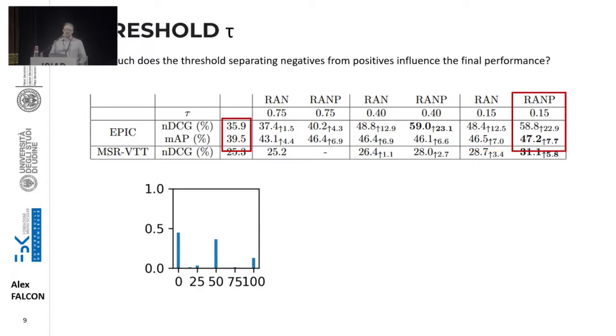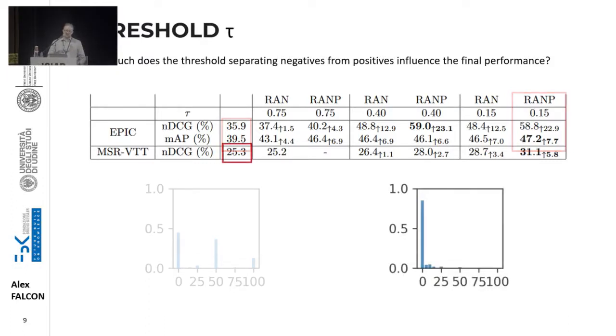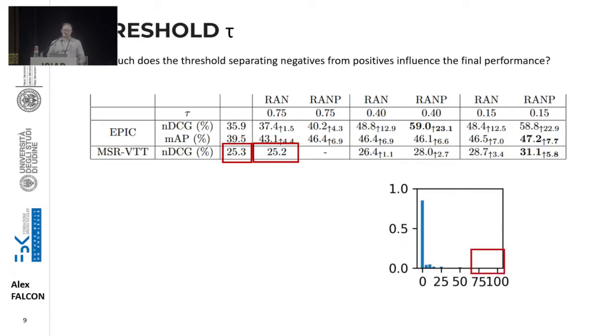Moreover, if we also introduce the positives in the learning process, we observe improvements of up to 23% in NDCG and almost 8% in MAP. On Epic, clearly, if we use, as mentioned before, a high value for the threshold, we won't find any caption that has relevance that high.